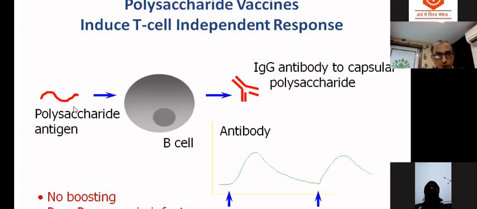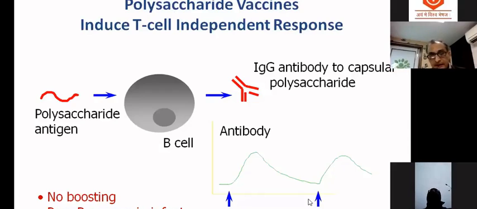It goes into the body, you inject it intramuscularly or subcutaneously or by any other route. The B cells will recognize this antigen and produce IgG antibodies to this polysaccharide antigen. Over time, it will evoke an antibody response, which will decline within a few weeks to years, depending upon the antigen.